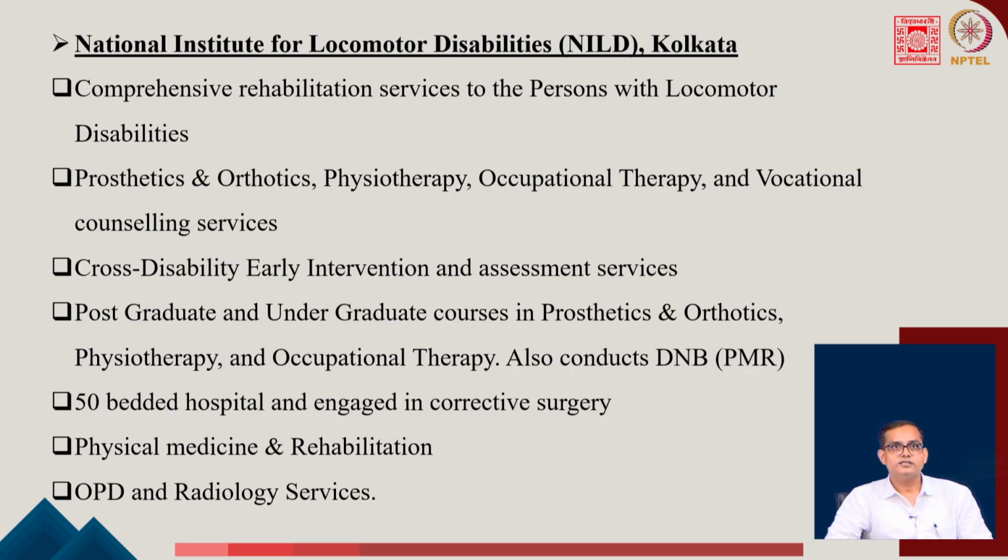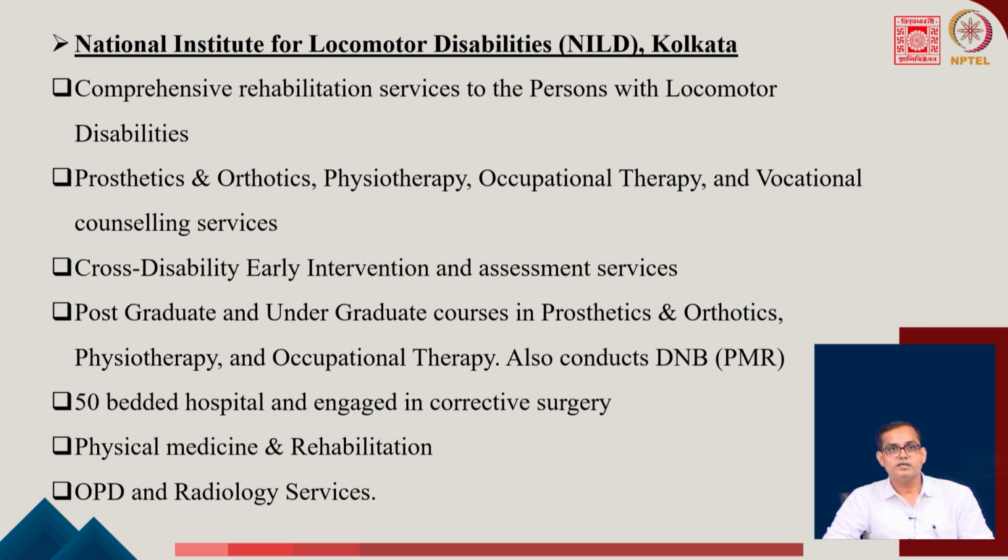There is another institute, the National Institute for Locomotor Disabilities, located at Kolkata. It provides comprehensive rehabilitation services to persons with locomotor disabilities. Prosthetics and orthotics, physiotherapy, occupational therapy and vocational counseling services are available here. It also focuses on cross disability early identification and assessment services.